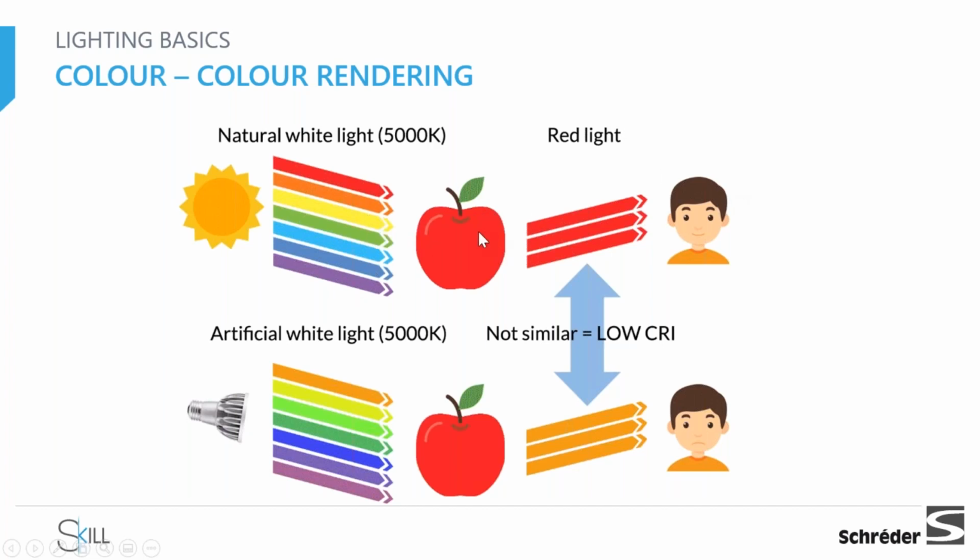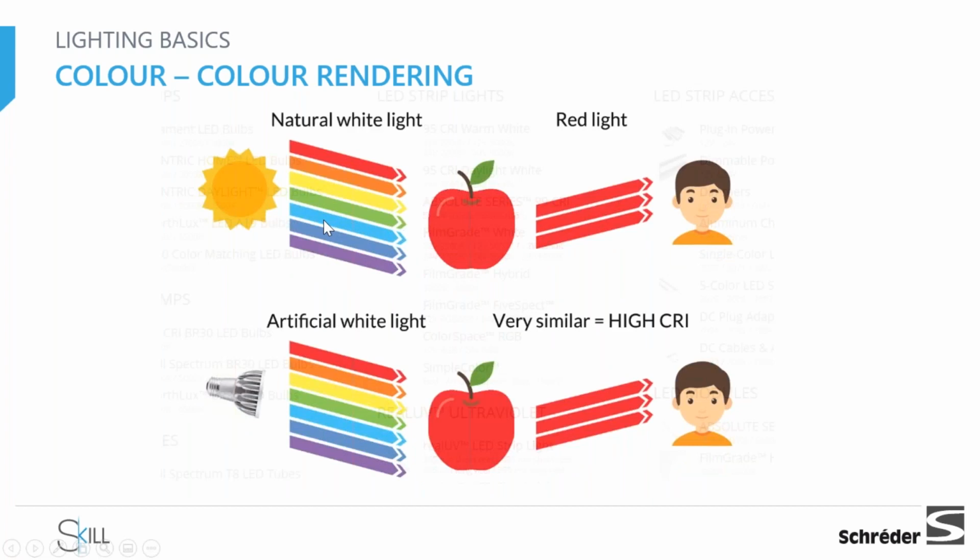This is how we see it as red. If we take the same apple to a poor CRI, or poor color rendering, light source, all the colors of the light source will fall on it again. The apple will absorb all colors, and as the light does not have the red component, it will reflect the closest one. So you will see it not as red, maybe dark red, or maybe orange or some different color.